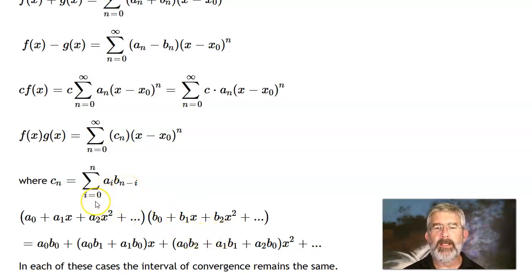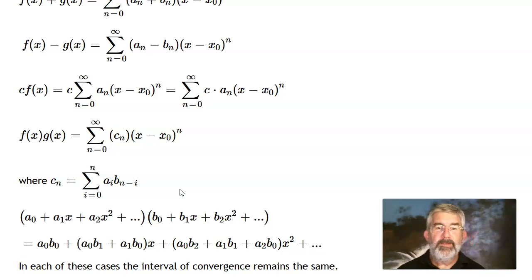And with i equal to 2, this would be a2 b0, and that's this one. So that gives you the three terms, the three products that would be used to get the coefficient of the x squared. Likewise, you could do the same thing for the x cubed, the x to the fourth, and so on. So you're essentially multiplying power series like you would multiply polynomials.